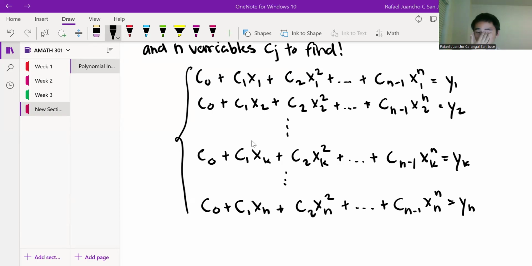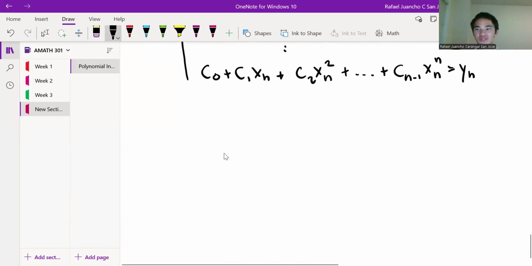And so we can solve this system using matrices. So let's actually define a matrix that will help us solve this. That's what we've been doing so far. Given some linear system, we want to translate them into matrices so that the computer can use it.